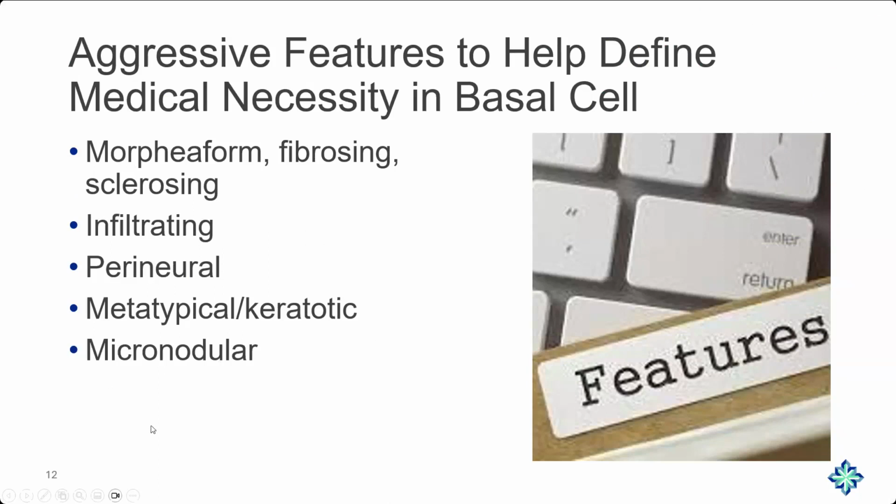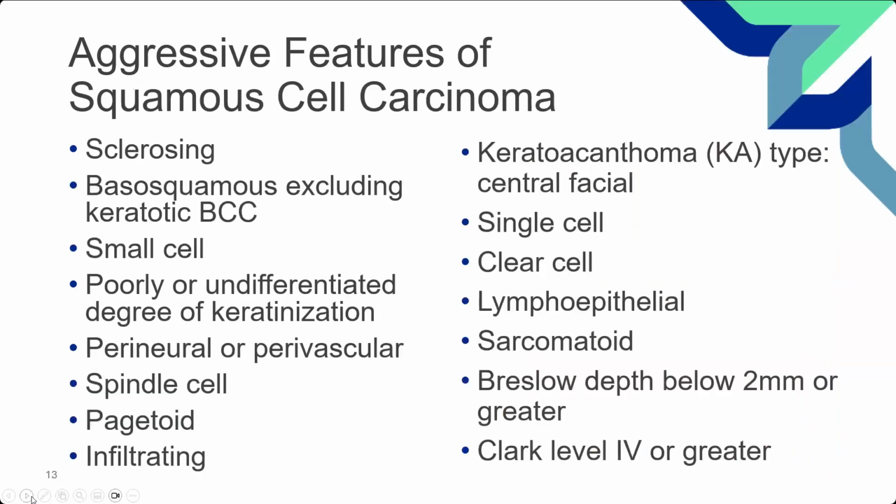But these aggressive features are things that, again, we're going to look for. In squamous cell carcinoma, there are even more aggressive features that are listed here on the slide and also contained in the LCD. Remember, it's important to document these aggressive features as indicated.